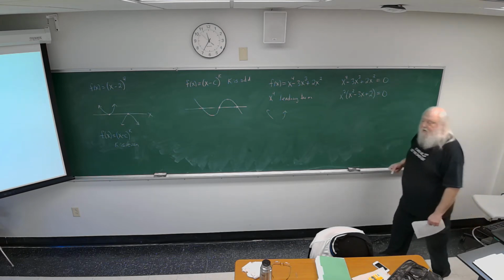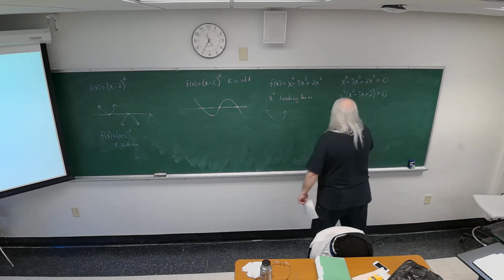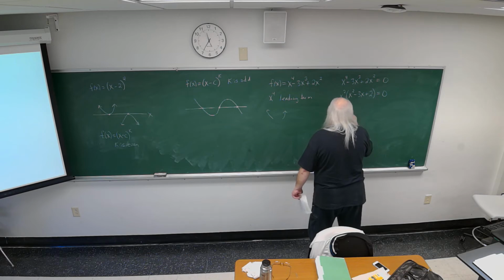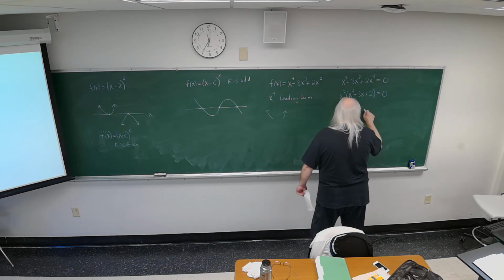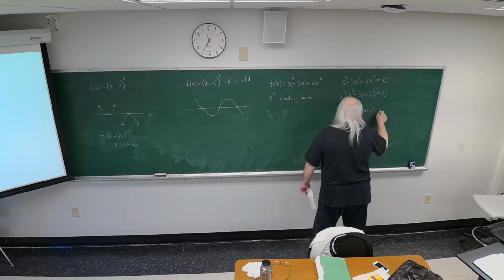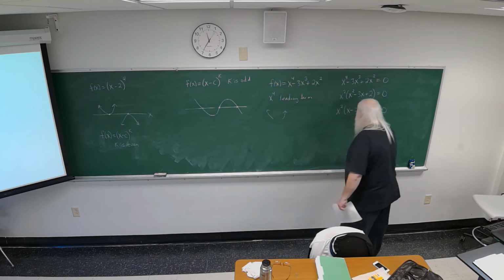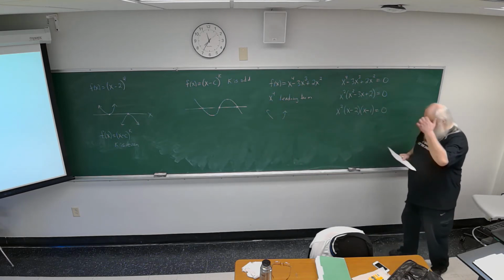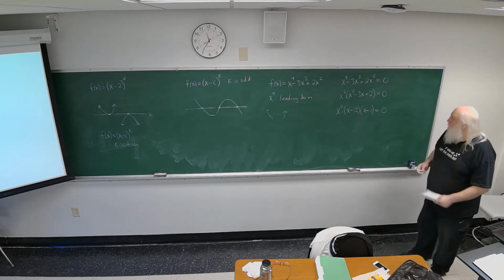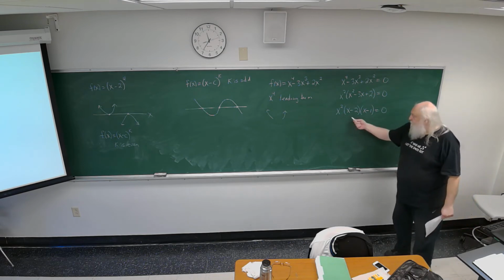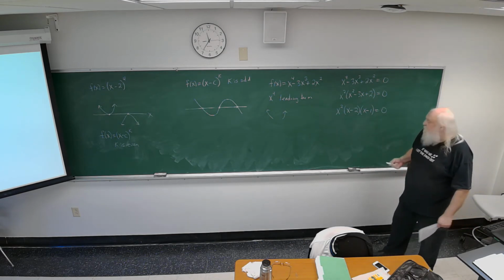That quadratic factors into x minus 2 times x minus 1. And now we set each factor equal to 0 and solve for x.